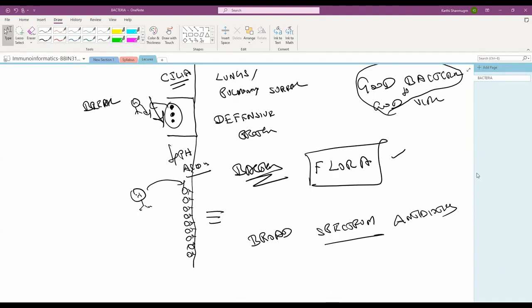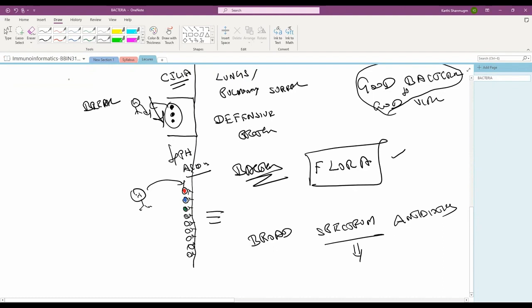Absolutely right. Broad spectrum is not specific for a certain type of bacteria, so it can kill many different types of bacteria which are present. Let me say this is a different bacteria, this is a different bacteria, and so on, right?